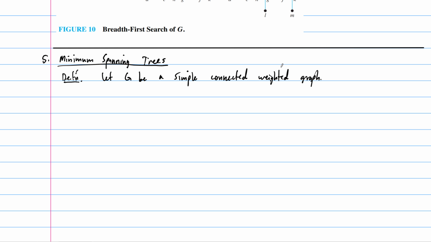All right, a minimum spanning tree is a spanning tree for which the sum of the weights of the edges is the smallest. Exactly what you would think, right?